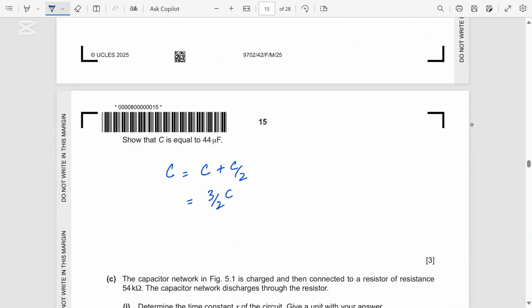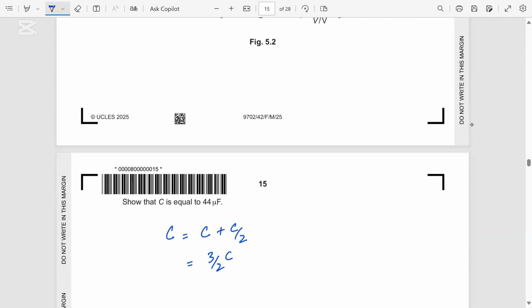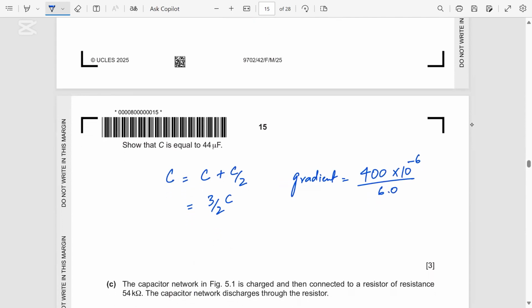So the gradient, according to this graph, is 400 times 10 raised to power minus 6 over 6. That is the gradient, and you equate it with 3 over 2C, and you can find the value of C like that.